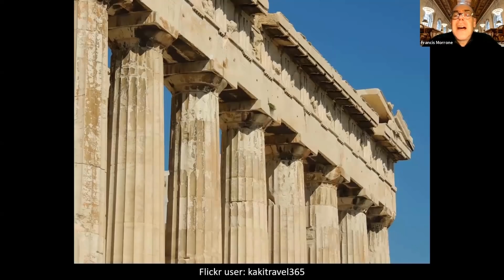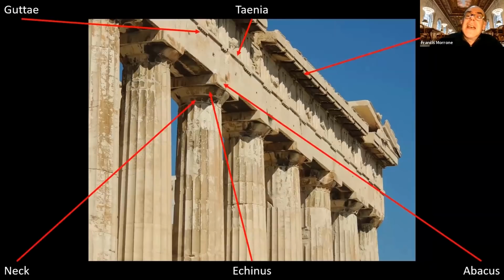So here we see up close the columns of the Parthenon, and you can see that they are very simple, very plain, but the longer you look at them, the more complex they are. Here are some other terms that you should know. At the bottom are 3 terms with red arrows pointing to different parts of the top of the column.